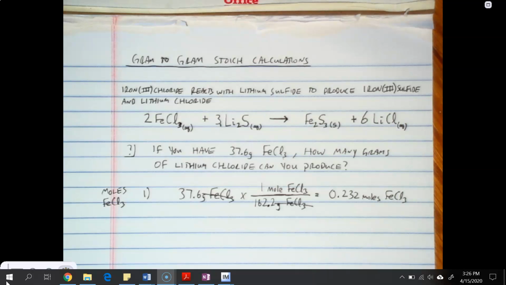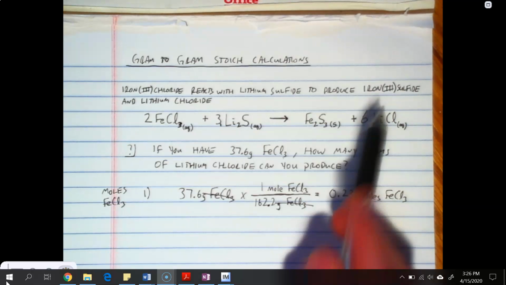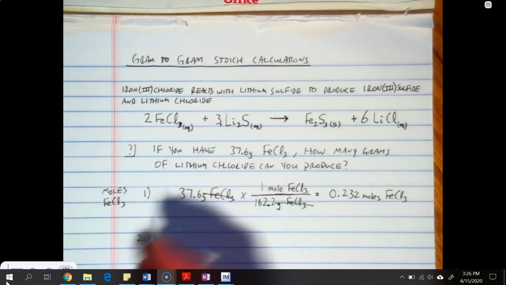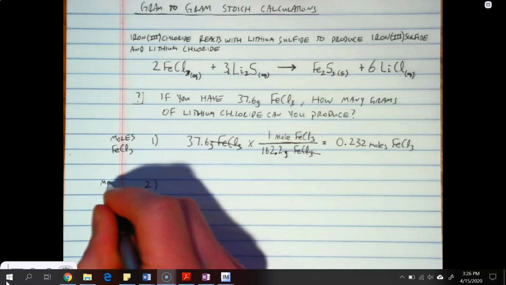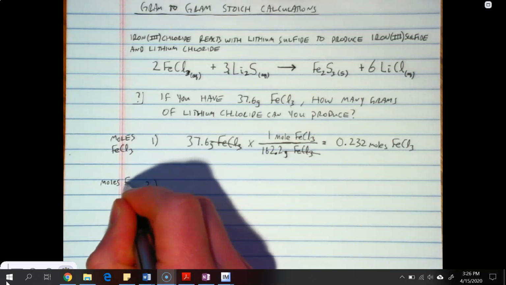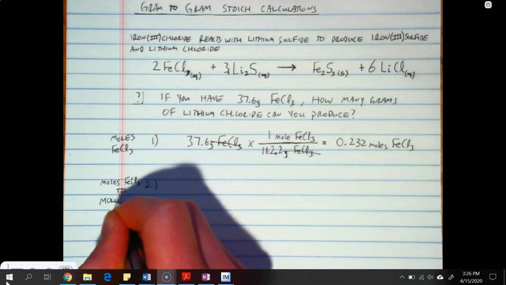This is really powerful because this allows me now to go in between moles of one substance and moles of the other. So step 2 is for me to go from moles of FeCl3 to moles of LiCl.